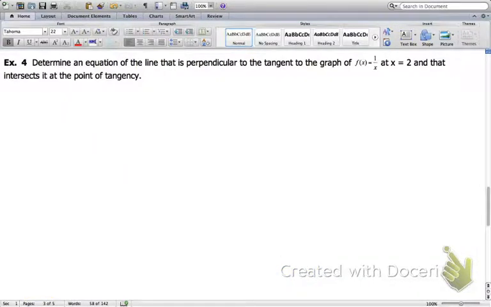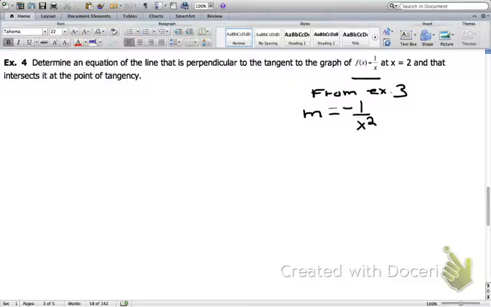Now in example 4, we want to determine an equation of the line that is perpendicular to the tangent to the graph of f of x equals 1 over x at x equals 2, and that intersects it at the point of tangency. So remember that from example 3, our previous example, we found that our derivative was equal to -1 over x squared.